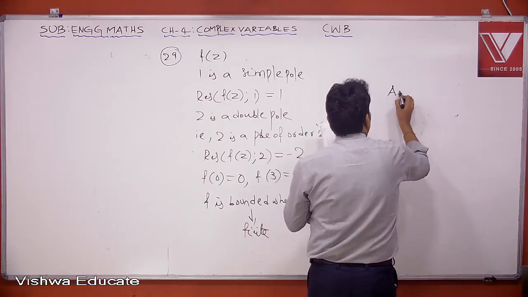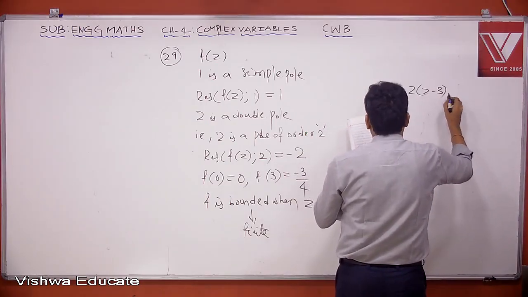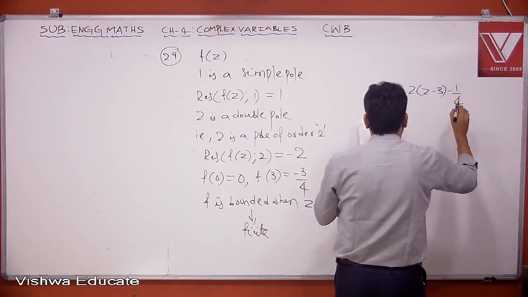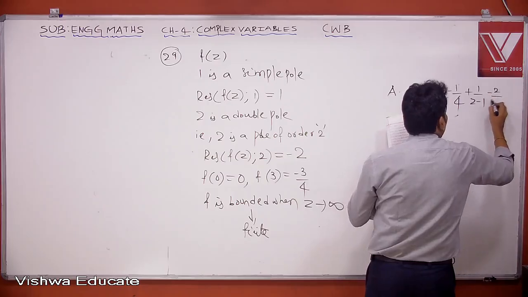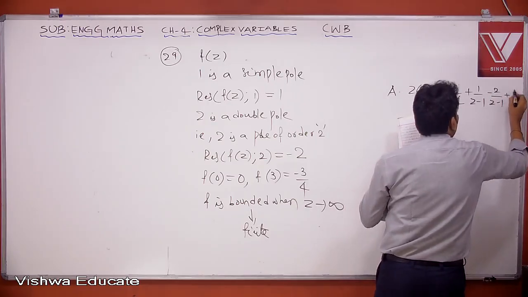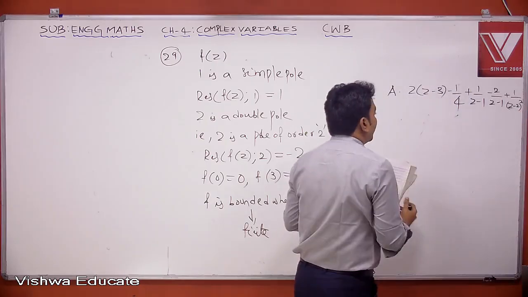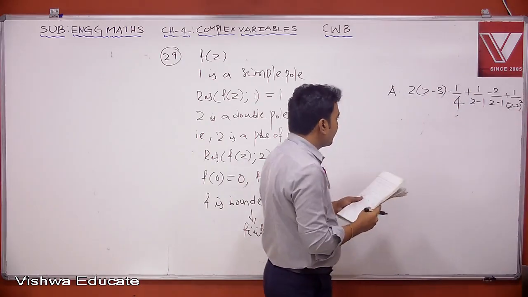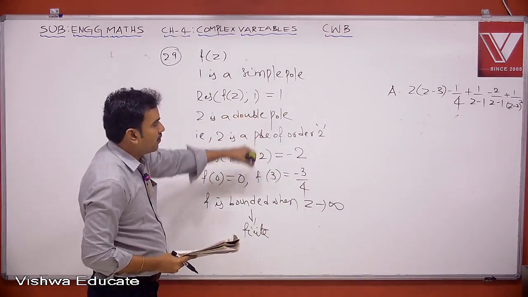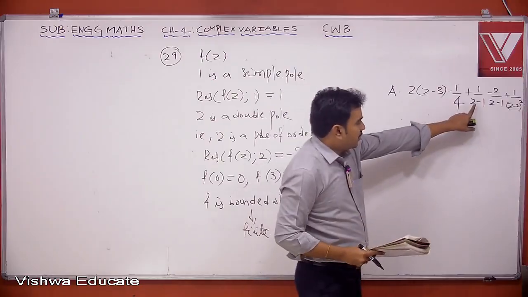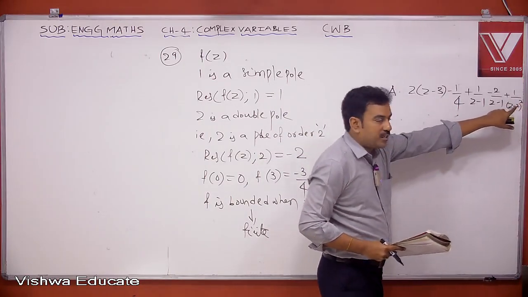Option A. Actually this is z into z minus 3 minus 1 by 4 plus 1 by z minus 1 minus 2 by z minus 1 plus 1 by z minus 2 whole square. Now let us go through option A. So here 1 is a simple pole. Of course 1 by z minus 1 is there, and 1 by z minus 2 whole square, so 2 is a double pole.